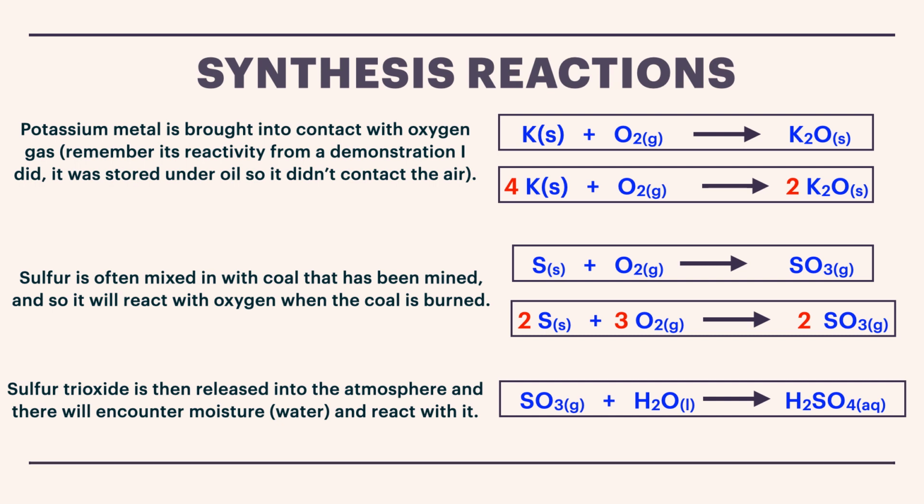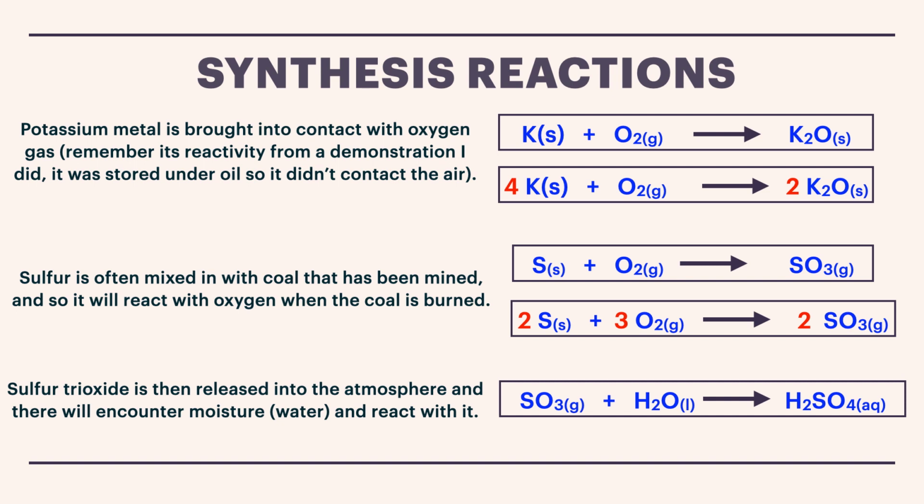So when it rains, the water that falls on the ground is going to be pretty acidic because of the sulfuric acid that has formed. So a key environmental solution would be to try to remove the sulfur before the coal is burned, or to capture the sulfur trioxide before it is released from the exhaust.